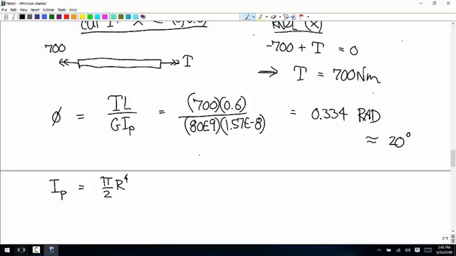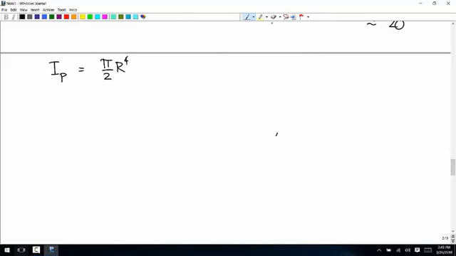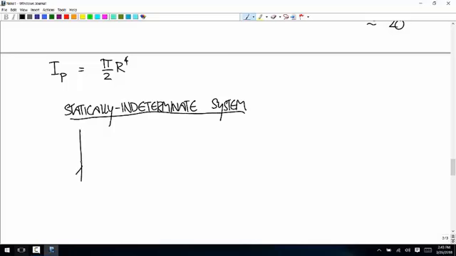Okay, so to use this in a statically indeterminate system, let's say that we have a wall here and a wall here, and those are fixed, those aren't going to move.